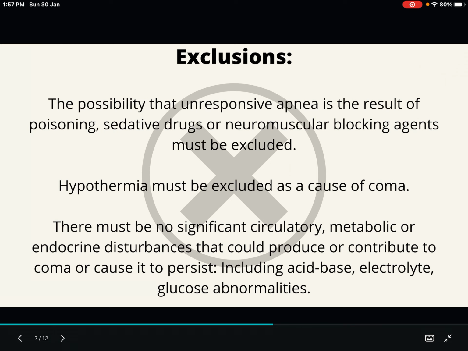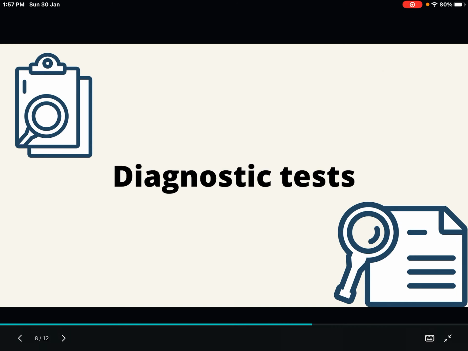Some exclusions are there. This unresponsive apnea should not be due to any poisoning, sedative drugs, or neuromuscular blocking agents. Hypothermia should be excluded as a cause of coma, and there should not be any significant circulatory, metabolic, or endocrine disturbances like acid-base abnormalities, electrolyte imbalances, glucose abnormalities, etc.